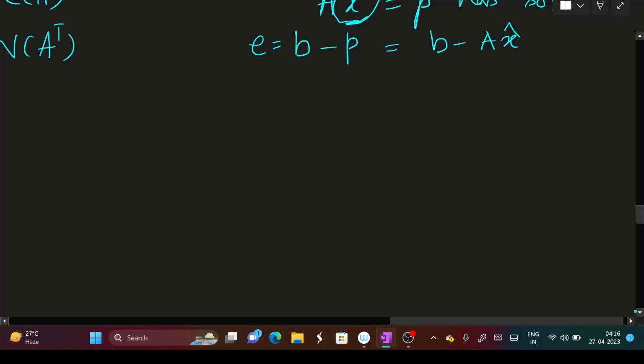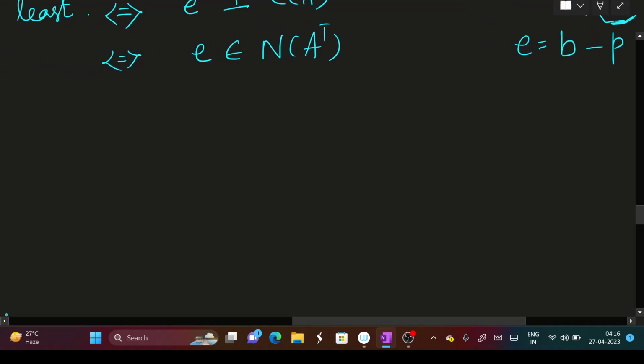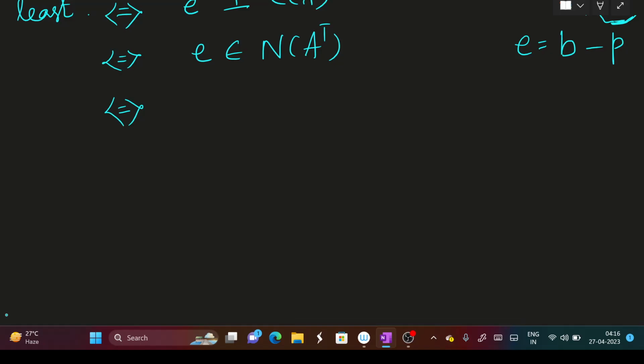Okay. So now with this formula, we will substitute here. So when a vector belongs to N of A transpose, it implies, and is implied by, A transpose E is equal to 0. That is, and is implied by, what is E value? It is B minus A X cap.